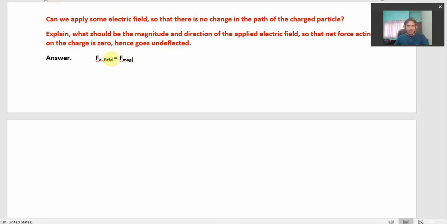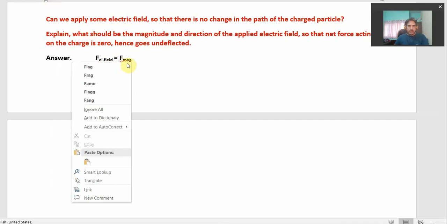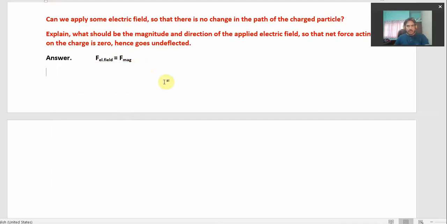So this is what we understand from the situation. The force exerted by the electric field should balance the force exerted by the magnetic field, or we can say the magnetic Lorentz force.